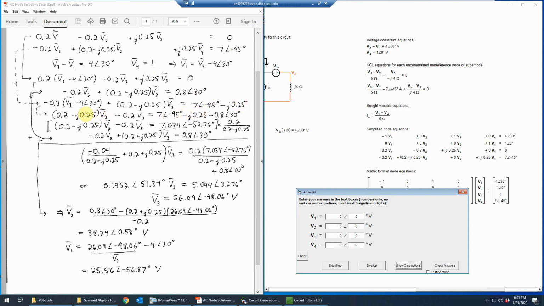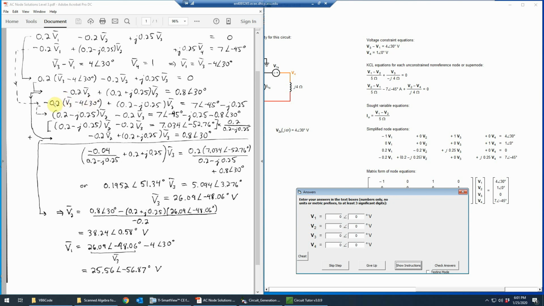And once again, I want to simplify this equation. So I'm going to bring the V2 bar term first, since that's the first variable, should be on the left. So I just move that one over here. And then V3 bar, now we see that we have negative 0.2 V3 bar. And then this term basically becomes a constant multiplied times this. And so I can just do that multiplication in my head, because 0.2, again, that's really 0.2 angle 0 degrees.